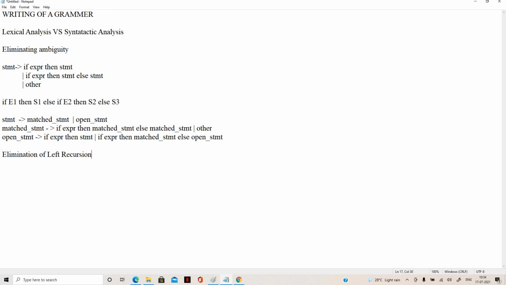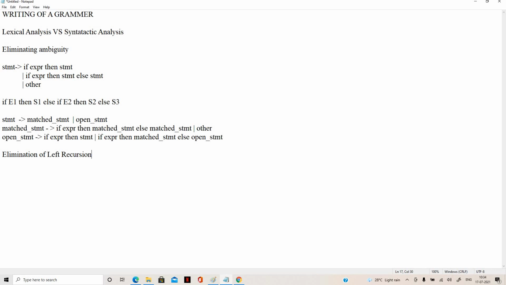Top-down parsing cannot handle left recursive grammars, so to avoid that we require some transformation to eliminate the left recursion. That is what we are going to discuss here.